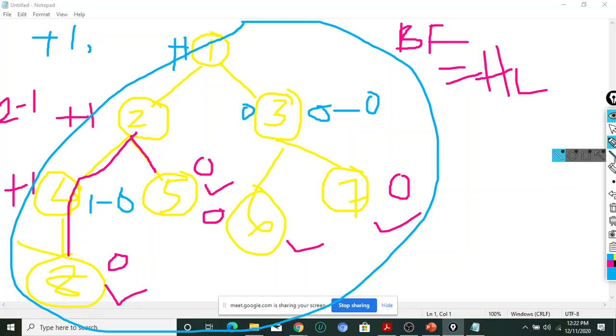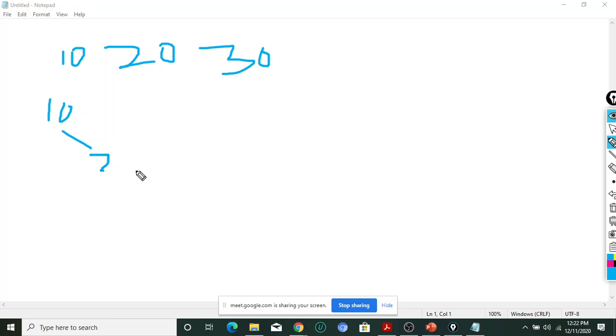Let me make another example so that you can see a different case. Let me draw another one randomly. For example, if I take 10, then 20, then 30, what will happen? This is my 10, this is 20, this is 30. What is the balance factor at node 30? Zero.